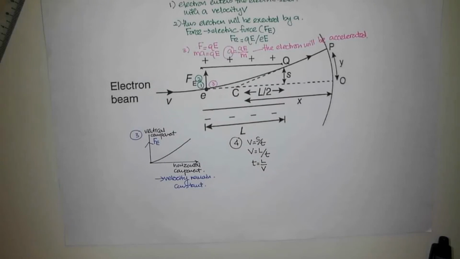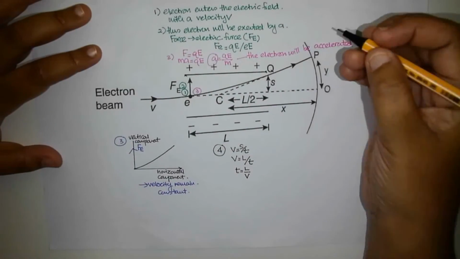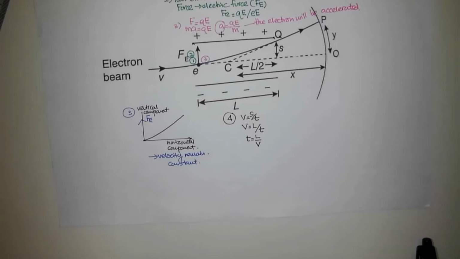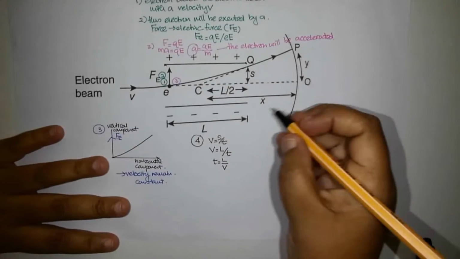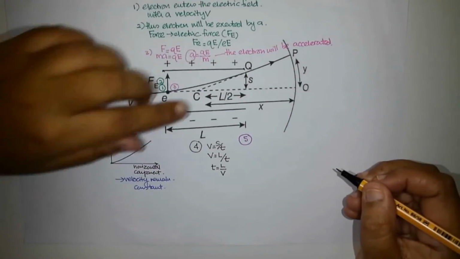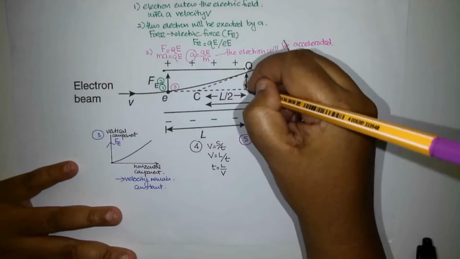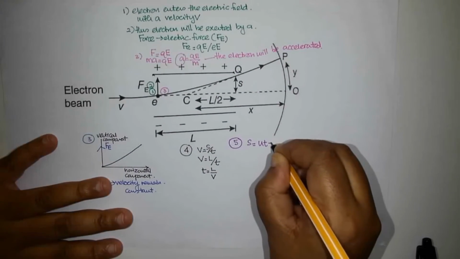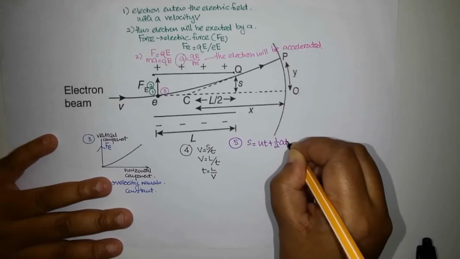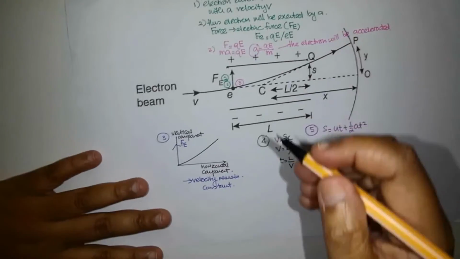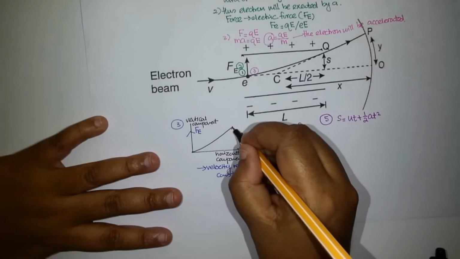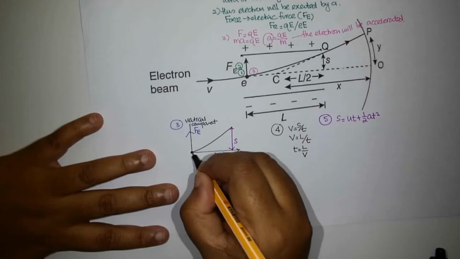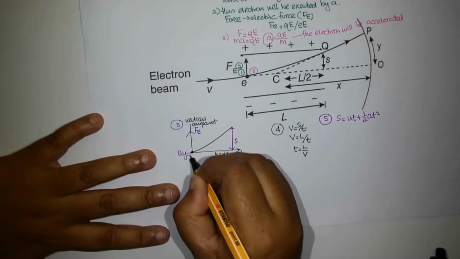Now let's look at number 5. We are going to find the vertical displacement, S. Using S equals UT plus half AT squared, S is the vertical displacement, so if I draw here, this will be S. At the beginning, Uy is 0.